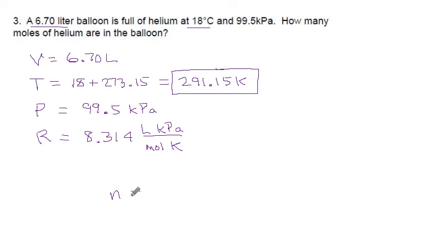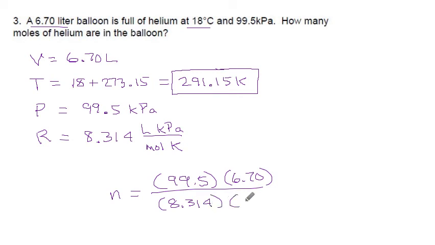Tedious units to write out. Okay, so number of moles is P times V divided by R, also divided by T. And we pound the calculator one last time. 99.5 times 6.7, divided by 8.314, and divided by 291.15.